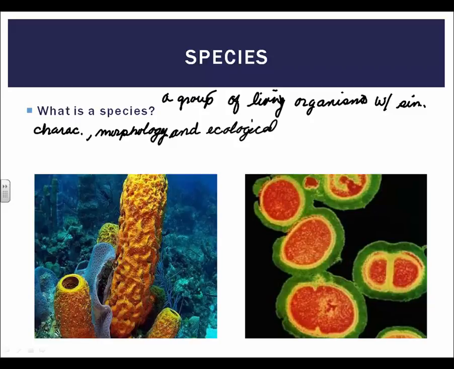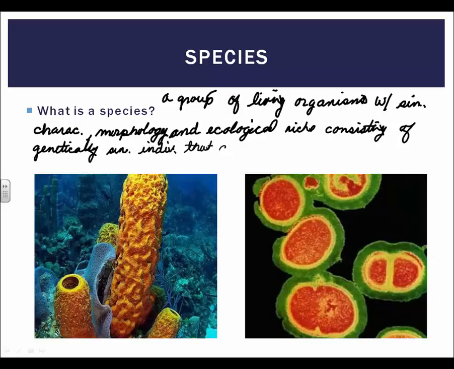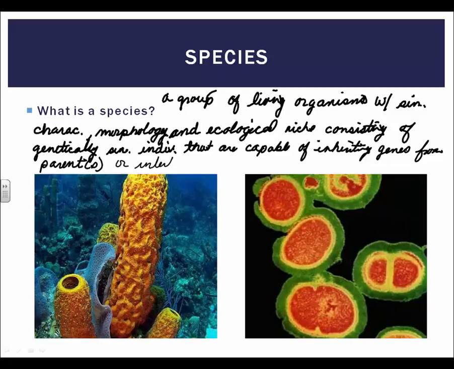Ecological niche means their role in the environment, consisting of genetically similar individuals that are capable of inheriting genes from a parent or two parents, or interbreeding, to produce fertile offspring.